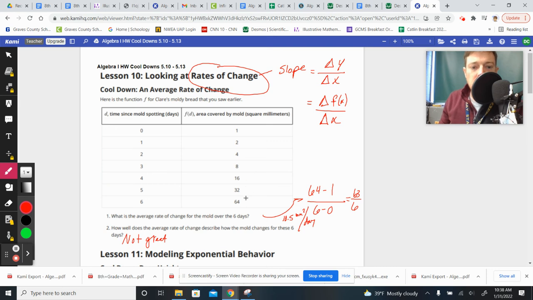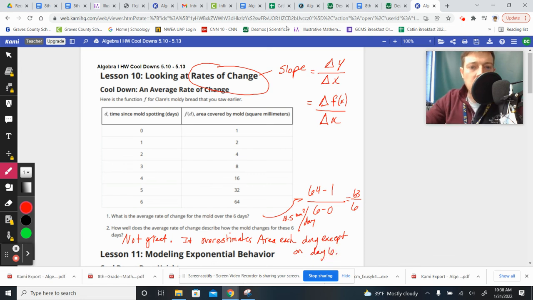It's really only going to land on the right one on the end. We're going to say it's not great. It overestimates area each day, except on day 6. Something like that. That's what I would say.